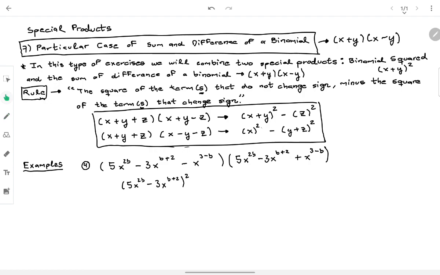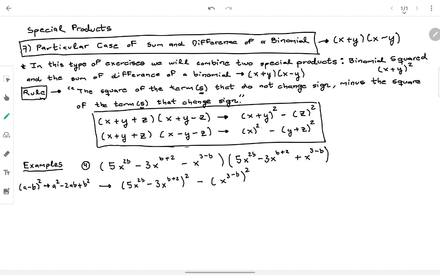So we need to respect the signs of those that do not change sign, minus the one that changes sign squared. So remember this one, it's a minus b squared. So it will be a squared minus 2ab plus b squared.